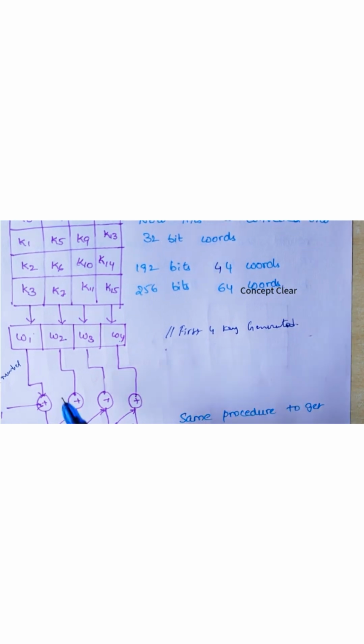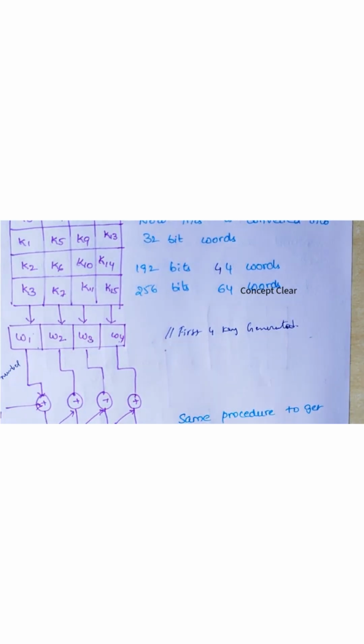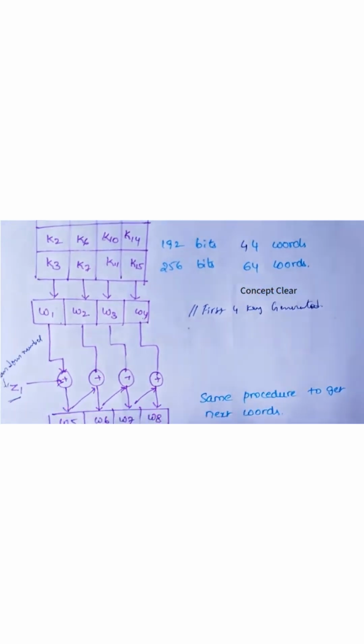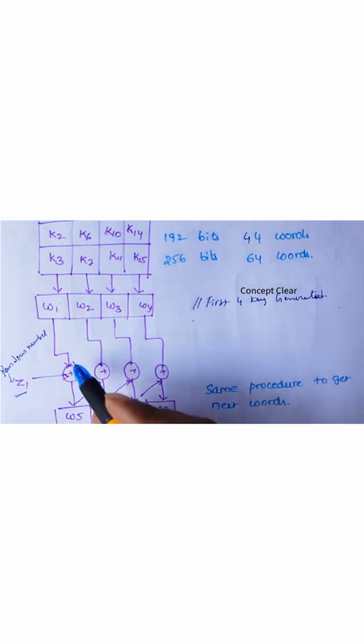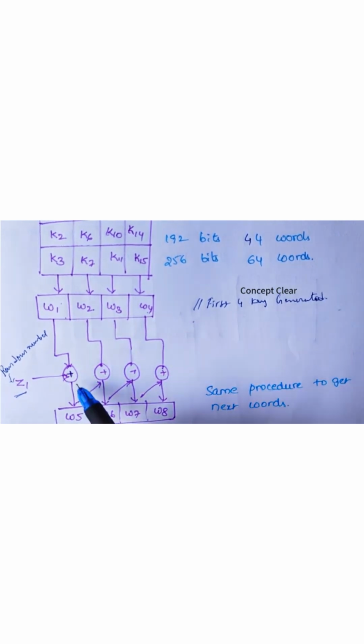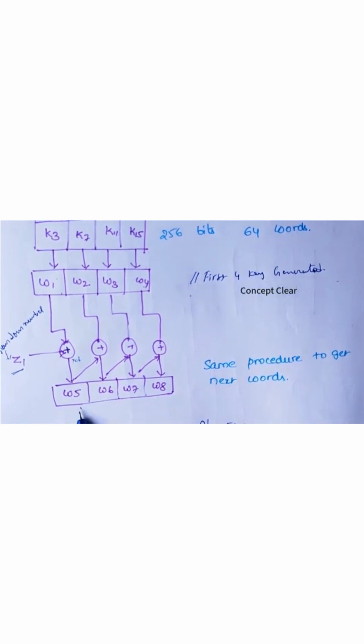Here we have to take W1 with a special variable Z1. If you perform XOR operation with Z1, we will get W5. W5 means some additional next key.